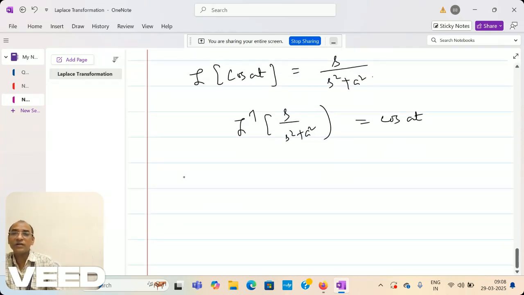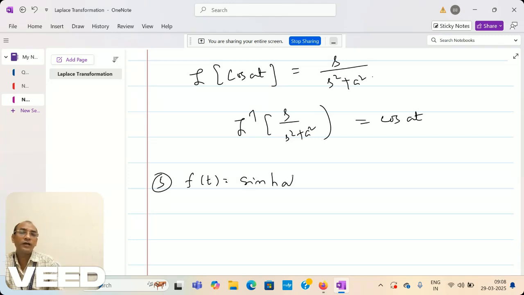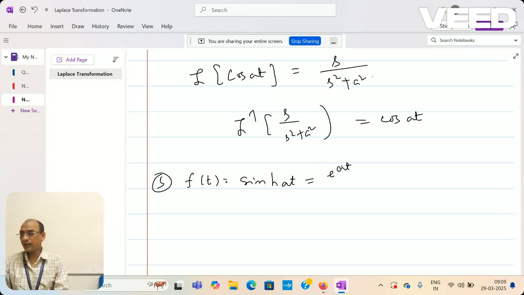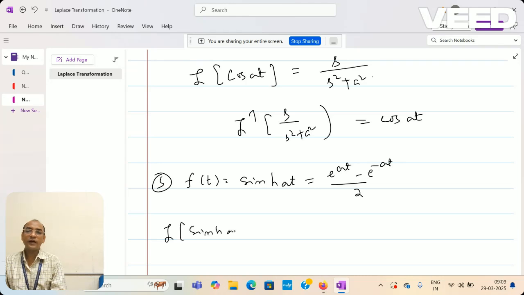Now I will take another standard function, say f of t equal to sinh at. You know, sinh at is e to the power at minus e to the power minus at, by 2. So the Laplace transformation of sinh at will be constant 1 by 2, then the Laplace transformation of e to the power at minus e to the power minus at.